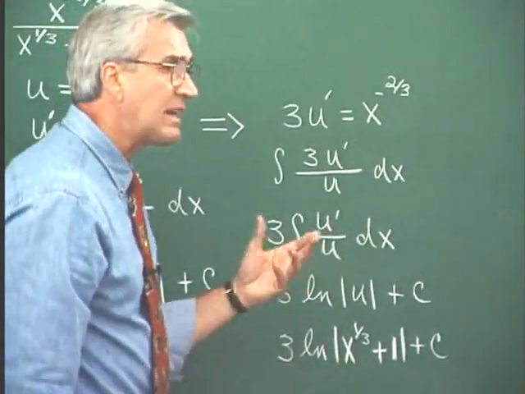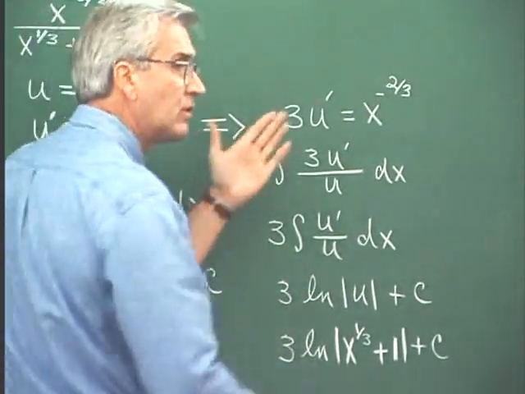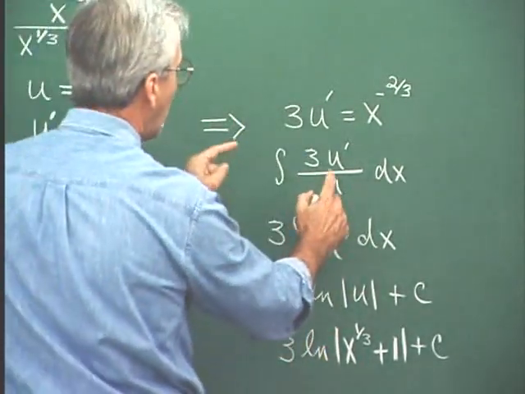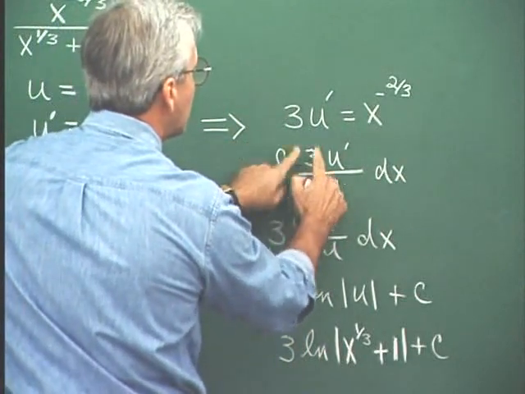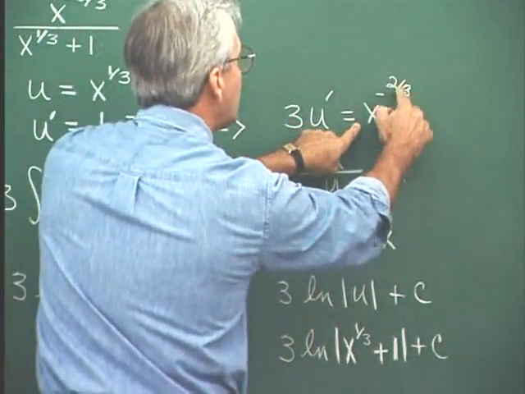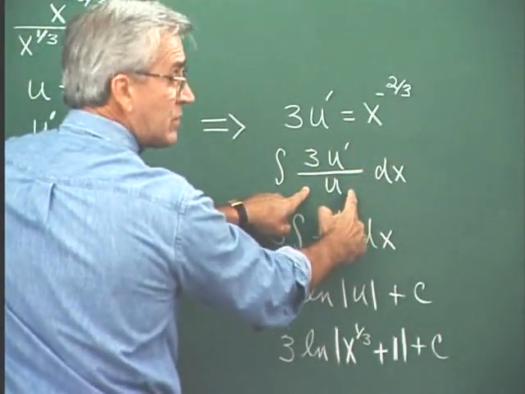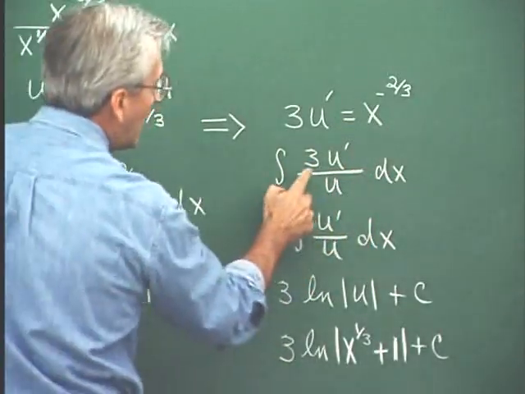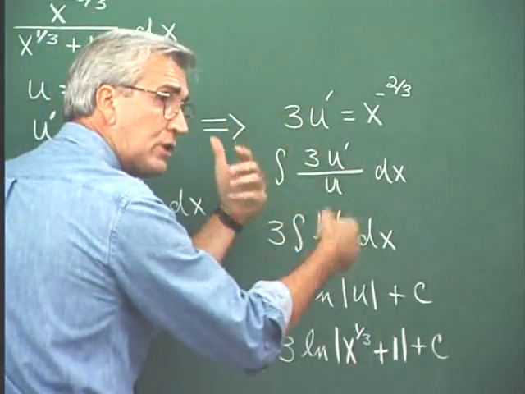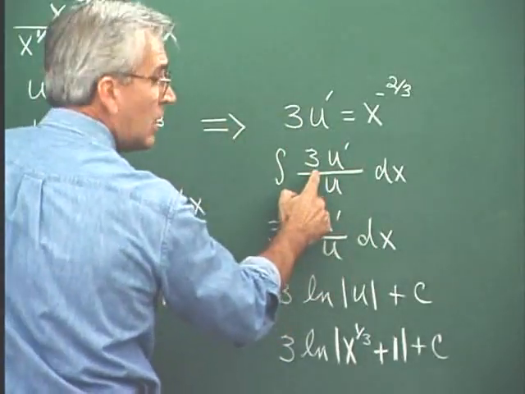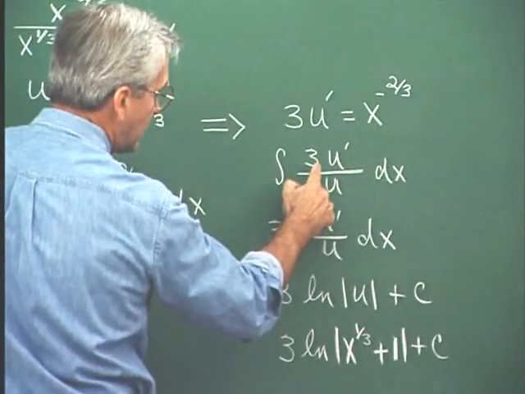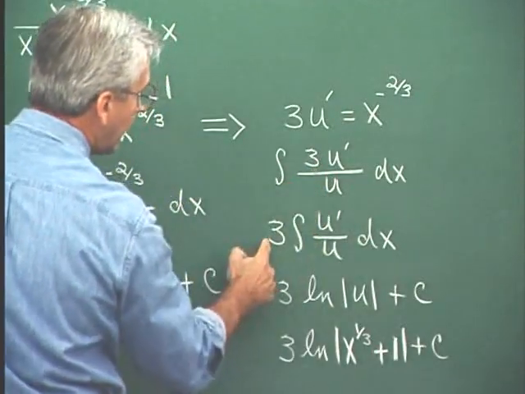Now, with that, I can substitute back into the expression before, and the x to the negative 2/3 numerator becomes 3u prime. And then the denominator was the u. And now, since I'm looking for the u prime over u situation, I'll just take this numerator factor, this constant, and kick it to the outside.